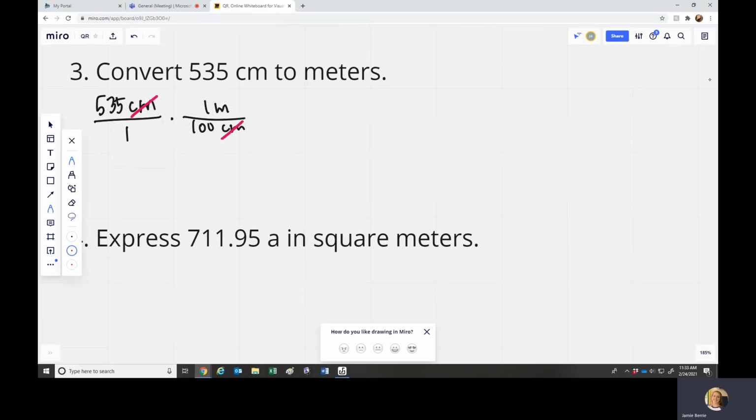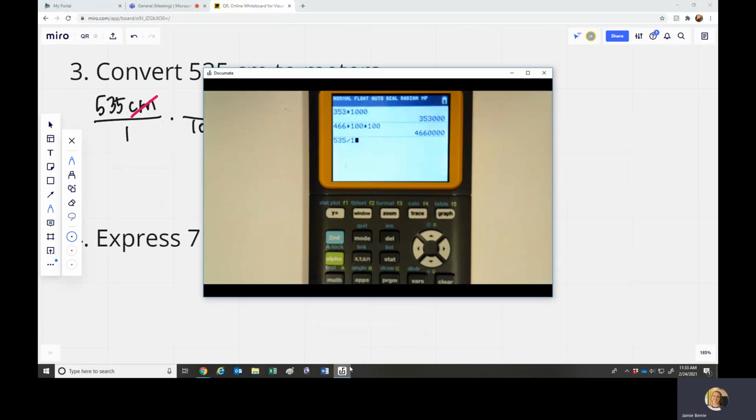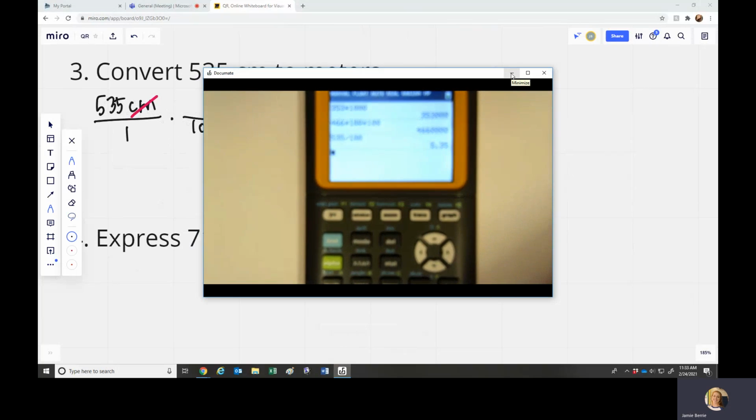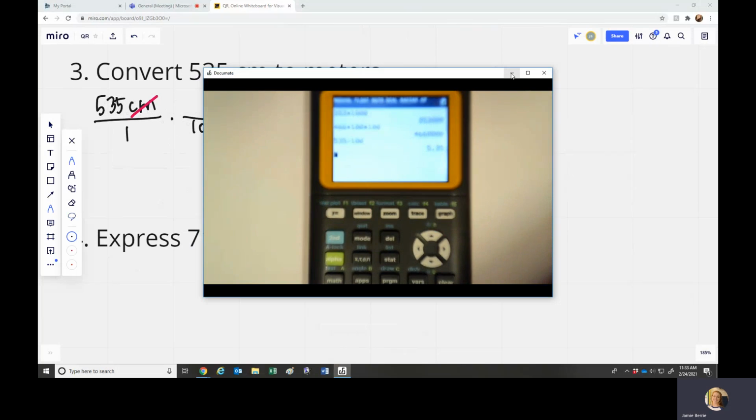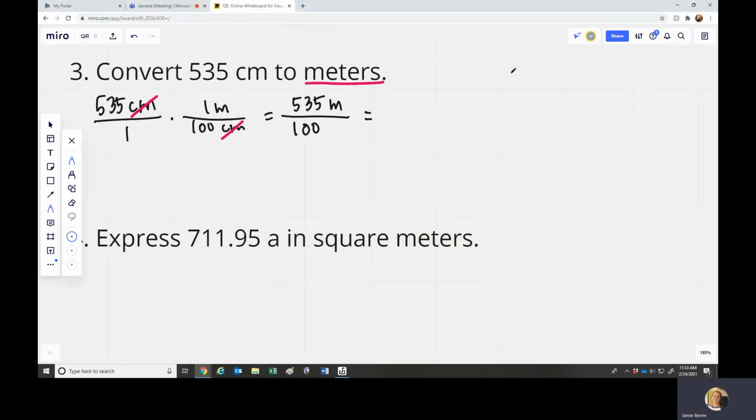We're left with meters in the top, which is what we want. So multiply across the top, multiply across the bottom, and simplify. 535 times 1 is 535 over 1 times 100 is 100. 535 divided by 100 is just going to be 5.35 meters.